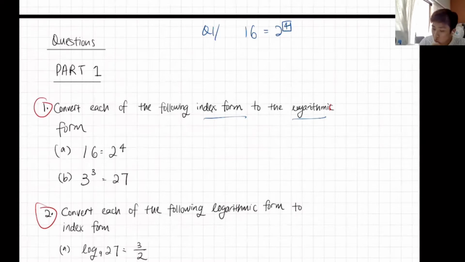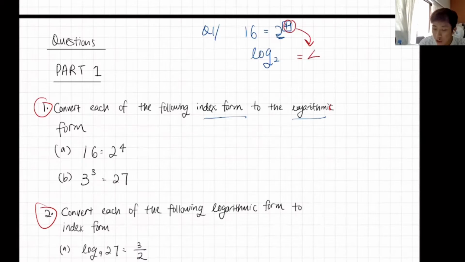If you want to convert to logarithmic form, don't forget, the base would sit as a small number next to the log, which is 2, because 2 is the base. Base is the one with the power. So log base 2, and the power becomes the answer.